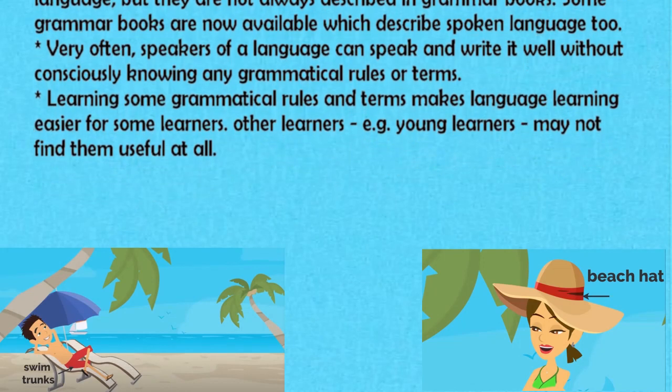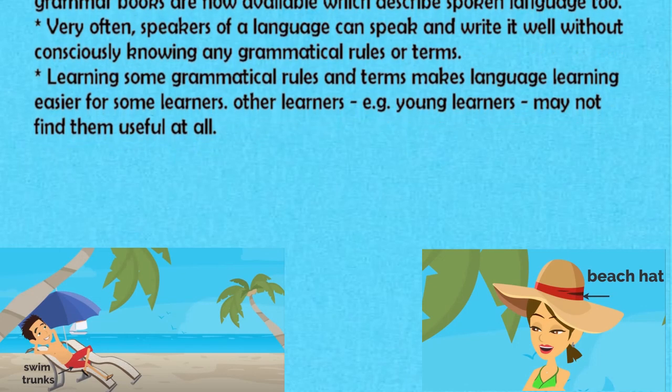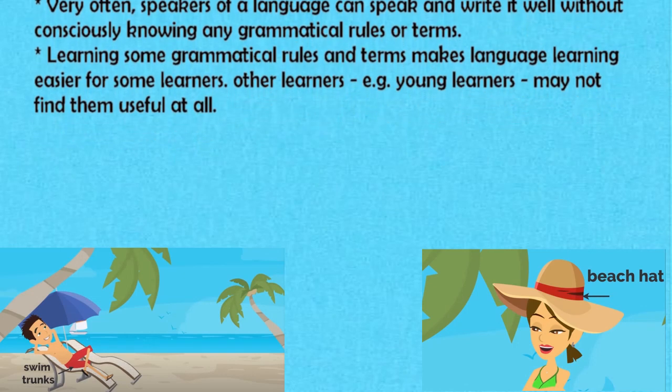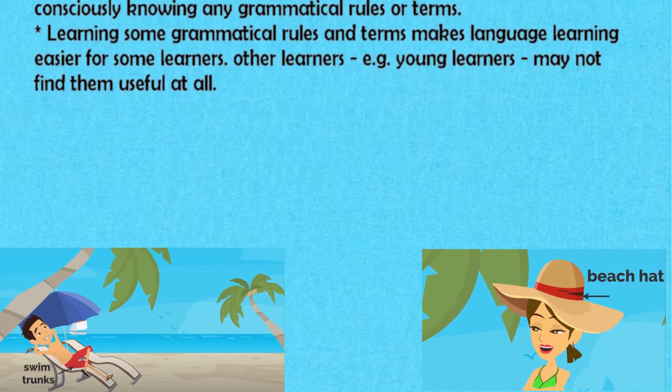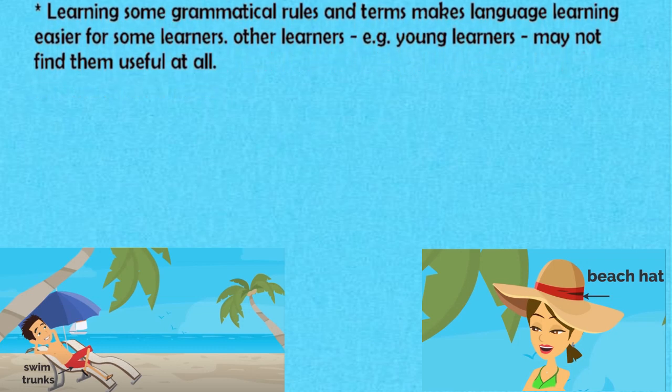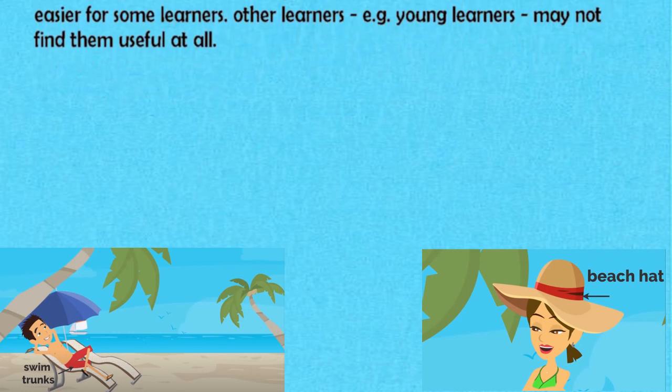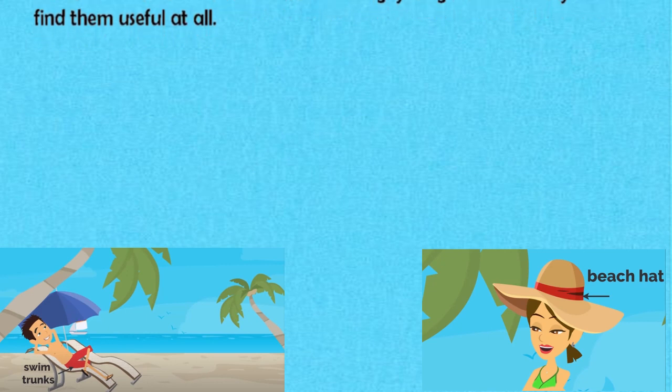Very often, speakers of a language can speak and write it well without consciously knowing any grammatical rules or terms. Learning some grammatical rules and terms makes language learning easier for some learners. Other learners, for example young learners, may not find them useful at all.